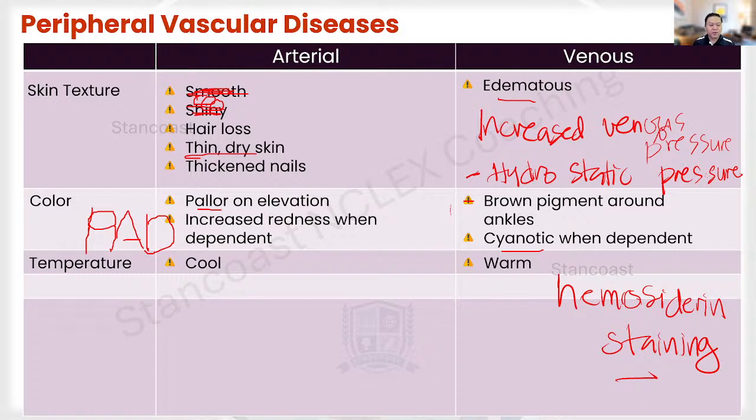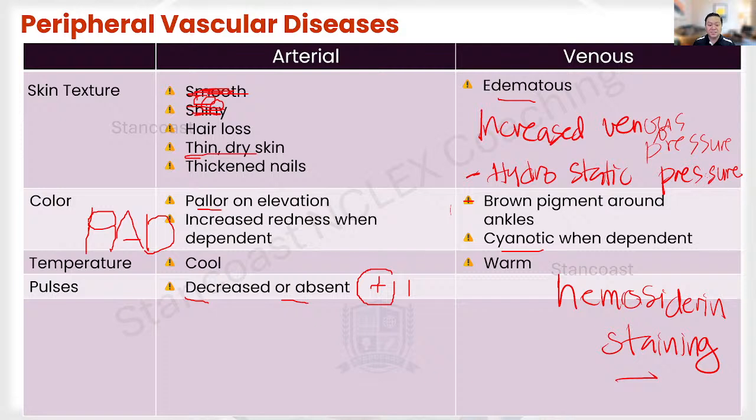Now we're going to talk about the quality of the pulse. This is very important, guys, because when you have a patient with arterial PVD, what you're going to feel is that there is now a decrease in the pulsation. Probably you're only going to feel about +1, very diminished, or it could be absent.